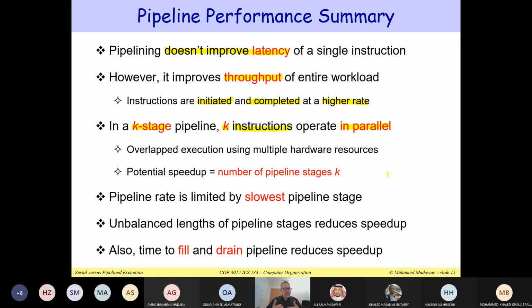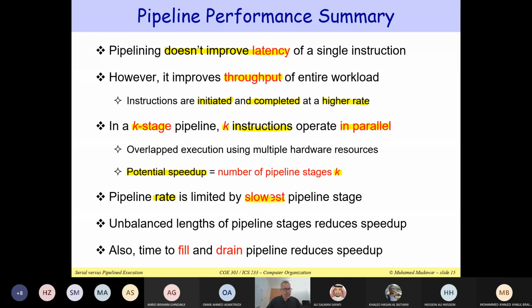Because we have this kind of overlapping between these multiple hardware resources, we have multiple stages. The potential speed up is the number of pipeline stages. That's the potential speed up. This should give you the ideal speed up, which is k. The problem is that if the stages are not balanced, we have to go by the slowest pipeline stage. This is going to limit the pipeline rate, the clock frequency.